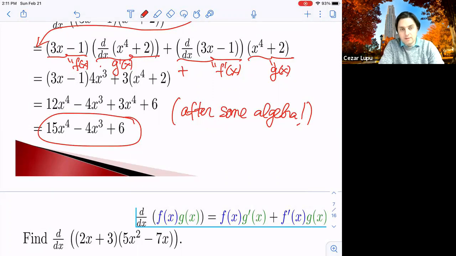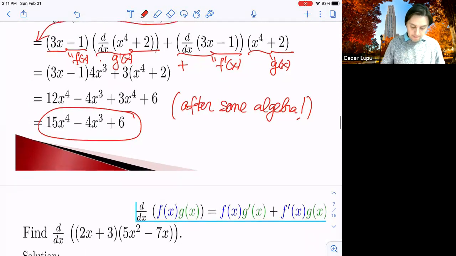But in this case, f will be 2x plus 3, and g will be 5x squared minus 7x. Right? Okay. So let's write this.